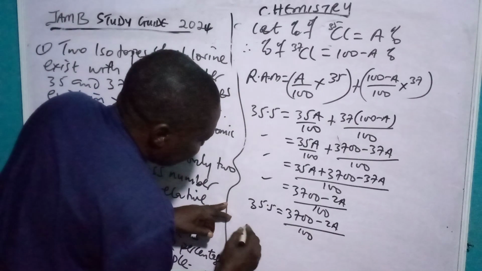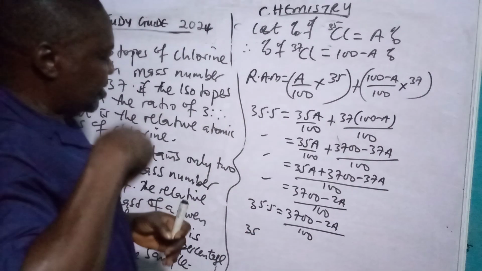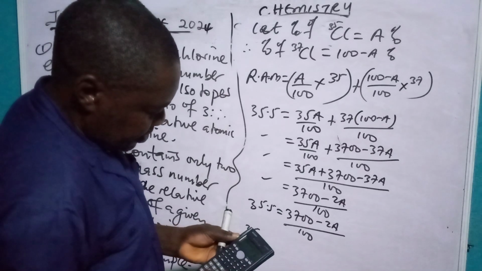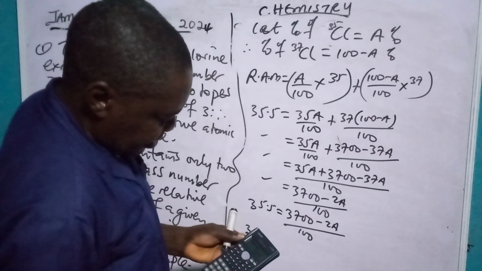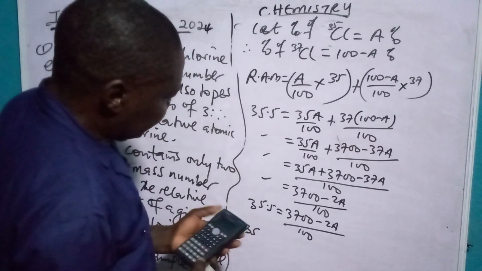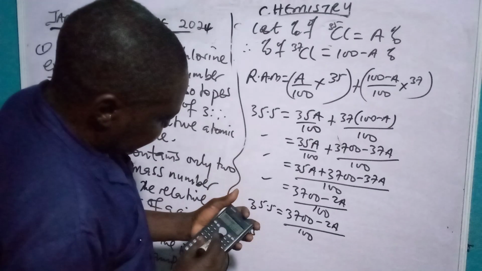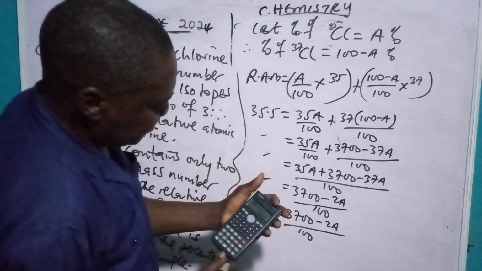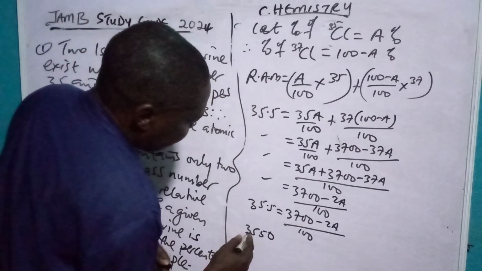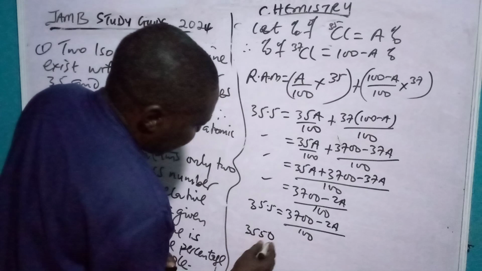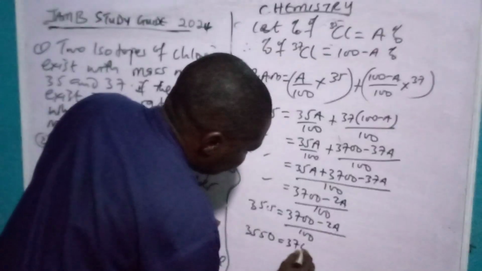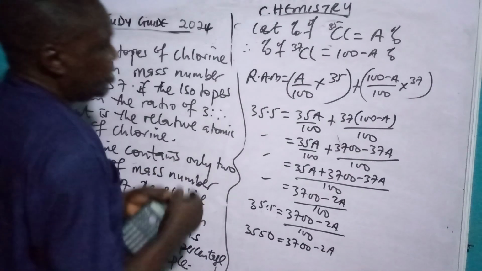Cross multiply. 35.5 times 100 gives you 3550. This equals 3700 minus 2A.